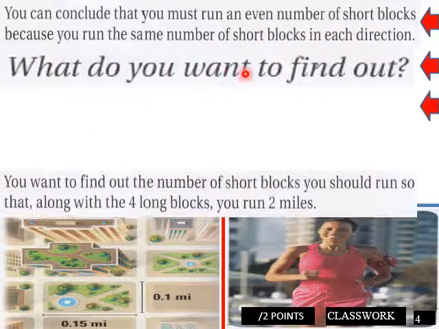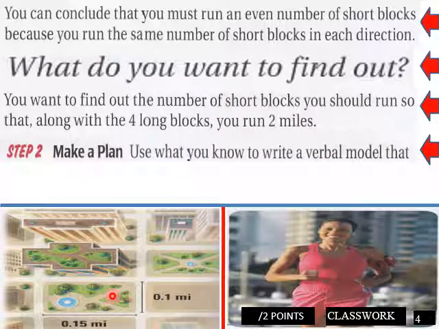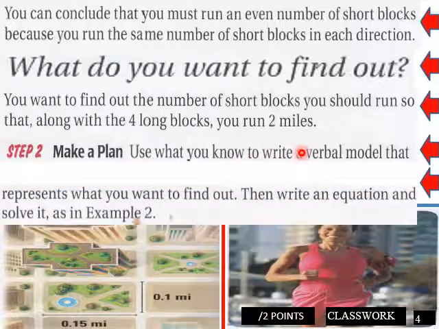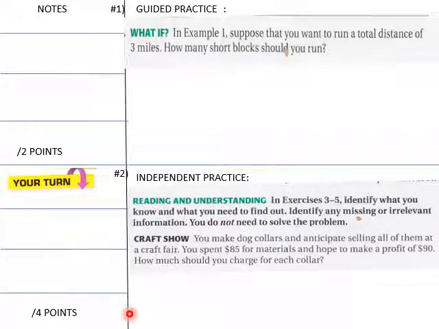What do you want to find out? You want to find out the number of short blocks you should run so that along with the 4 long blocks you run 2 miles. So we want to run 2 miles as our total run. Use what you know to write a verbal model that represents what you want to find out. Then write an equation to solve it as in example 2.